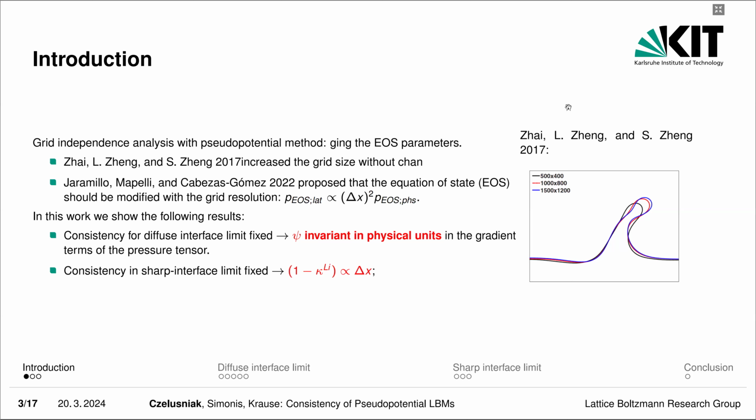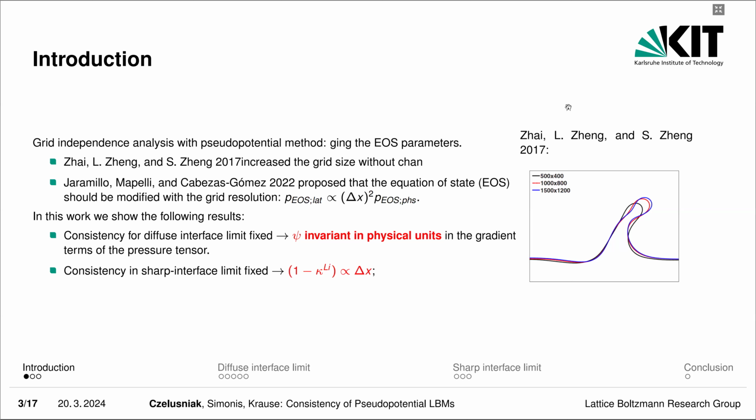If you just maintain your equation of state parameters, your physical equation of state is changing. To maintain the same physical equation of state, you have to change its parameters for each grid.